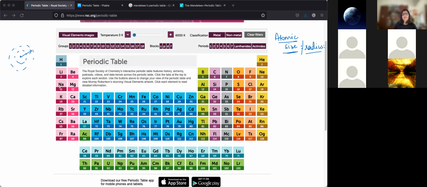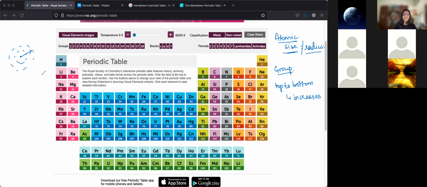Okay. Now finding the trend of atomic size is pretty easy for a group. In a group, as you go top to bottom, the radius increases. Reason? More shells are added.